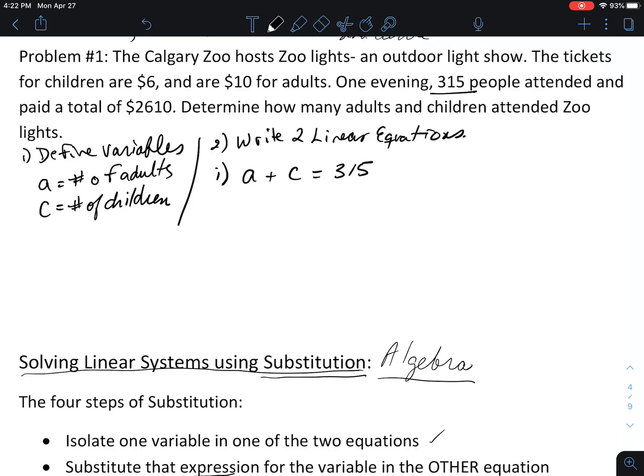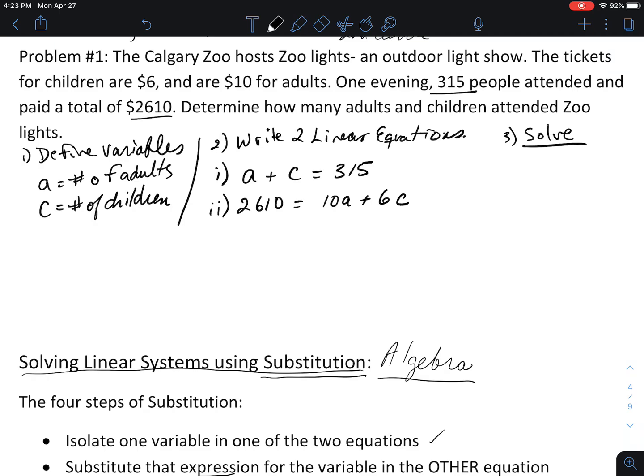The first thing tells me that there were 315 people. So that's my first equation: adults plus children is 315. And then secondly, the total amount of money collected was 2,610. So remember, every adult paid $10 and every child $6.